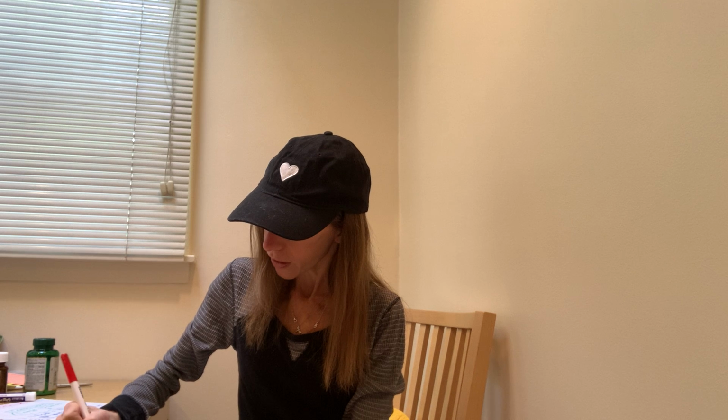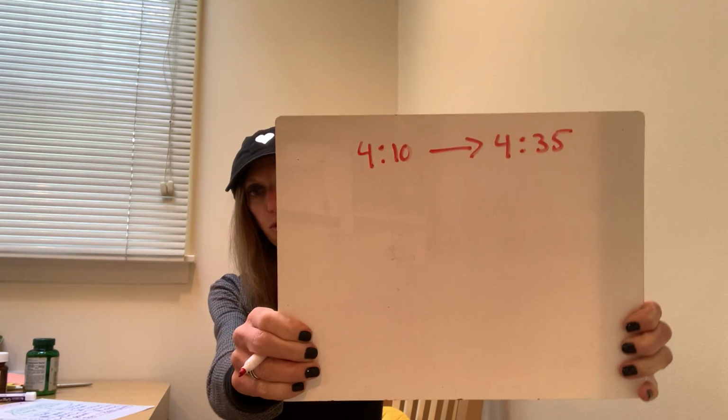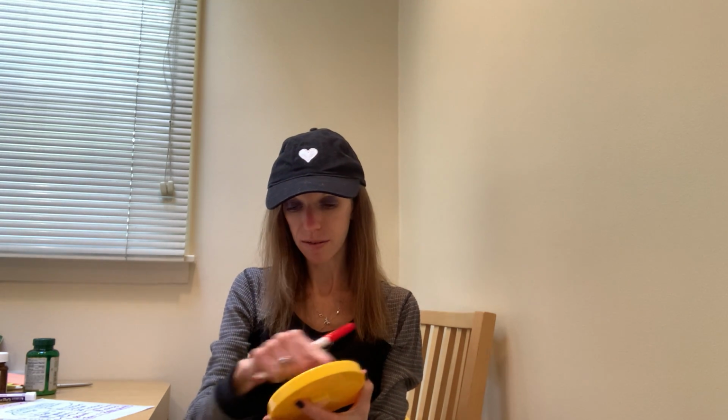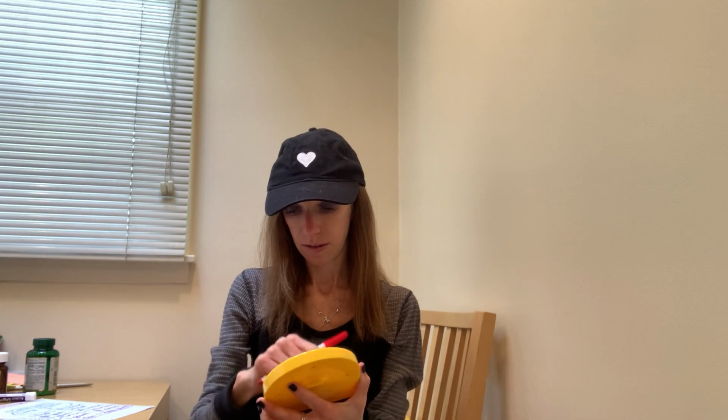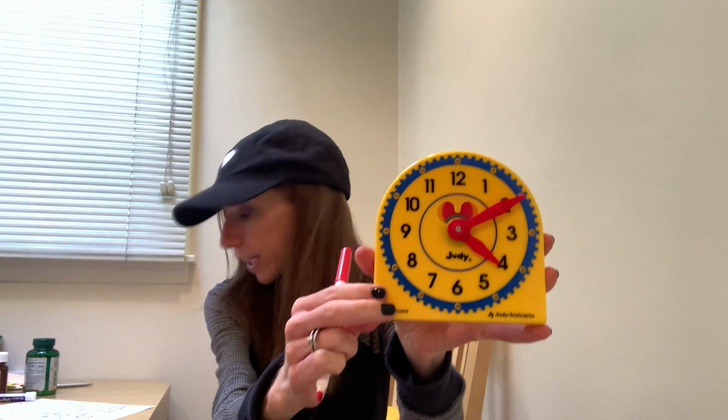So we have 2 ways to do it today. Let's do one more, and then we have a problem-solving problem to do. Okay, let's start with 4:10 and let's end at 4:35. Let's start with our clock. We're going to put our clocks on 4:10. We know what 4:10 looks like, and we want to get to 4:35.